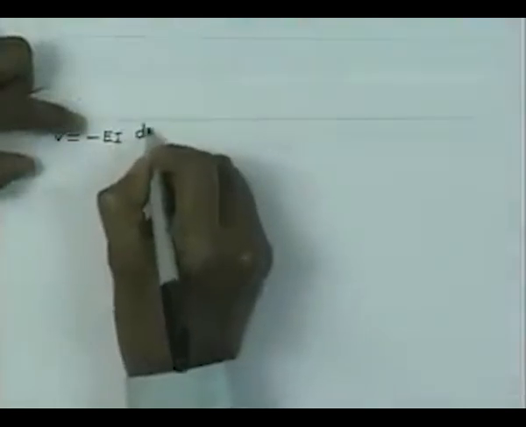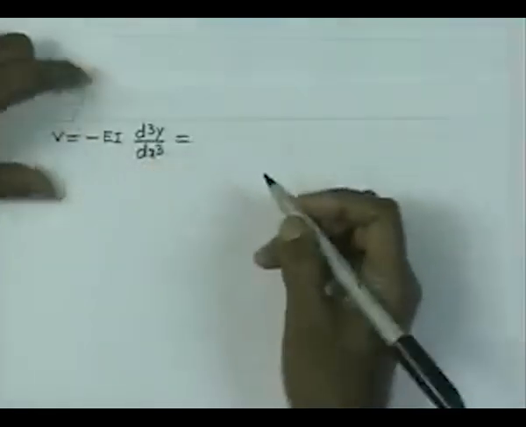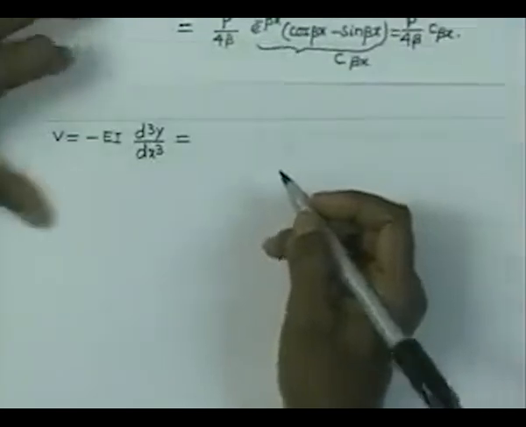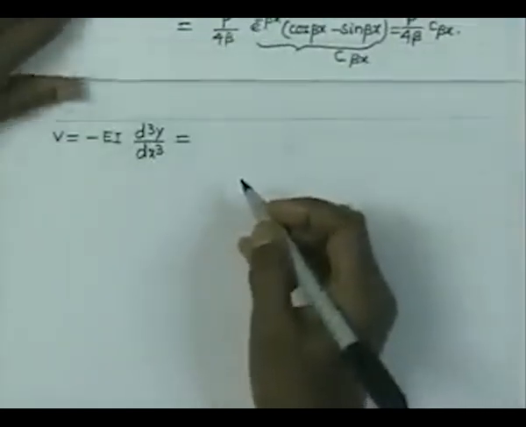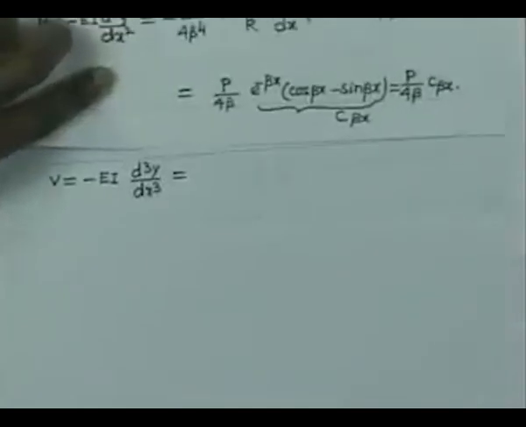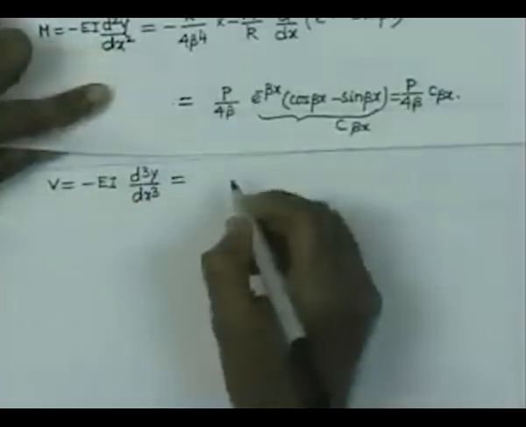Shear force is equal to minus EI d3y by dx cube, and we can again take the value for d2y by dx square, which we have already got.